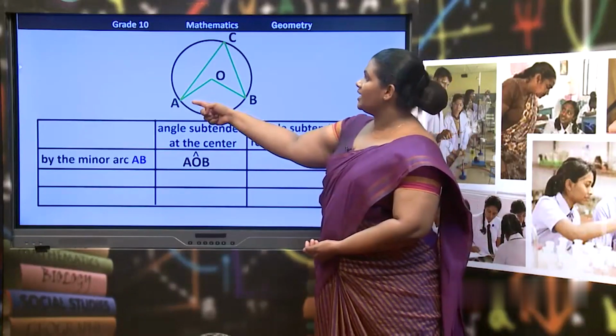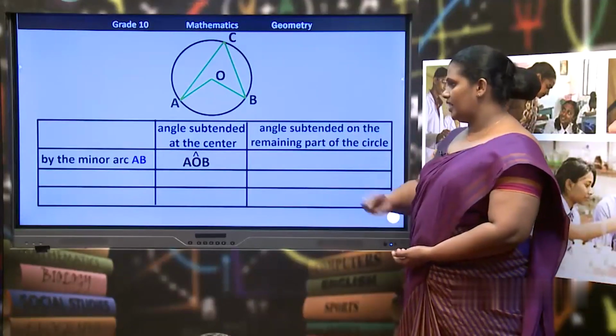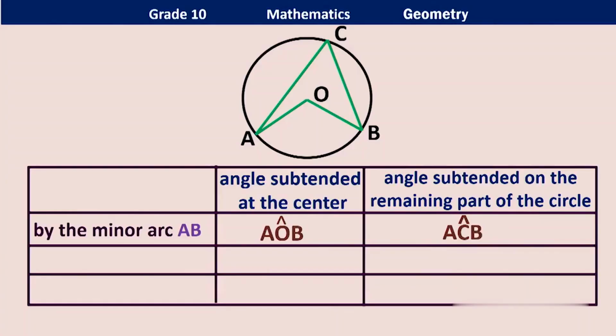We can see that is angle ACB. So, we can say the angle subtended on the remaining part of the circle by the minor arc AB is angle ACB. Right. We'll move on to the other one.